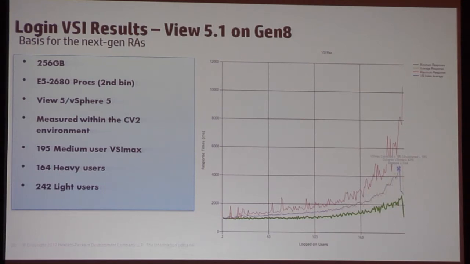So we got a pretty significant increase in user density using the same test suite, using the same user profile associated with that. So obviously from this, we can see that Gen 8 is going to give me a bigger bang for the buck around my user count.